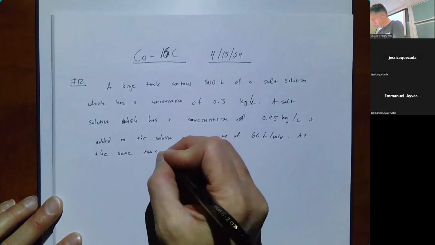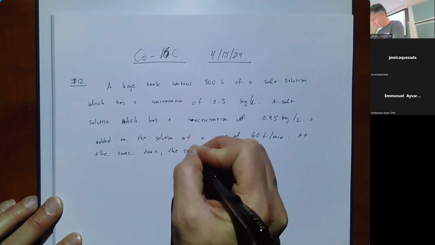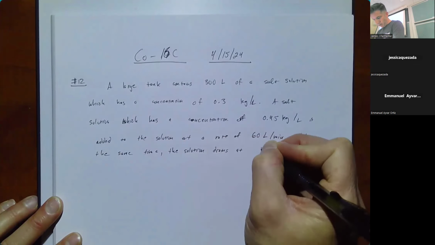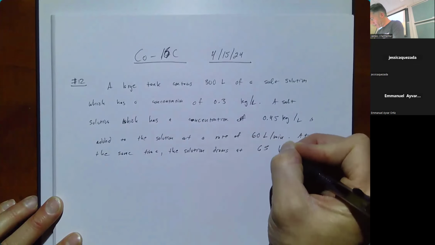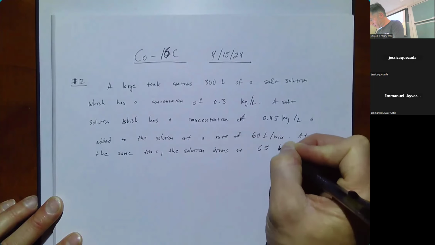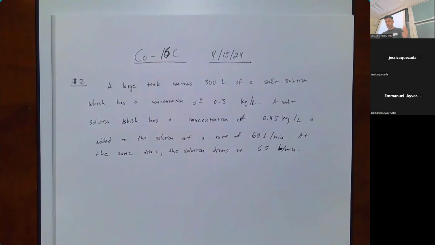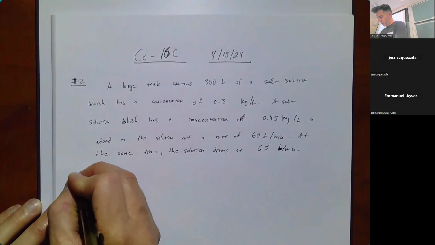At the same time, the solution drains at 65 liters per minute. So what we're being asked to do is two things, well, a few more than that. But the first part is to set up the differential equation.